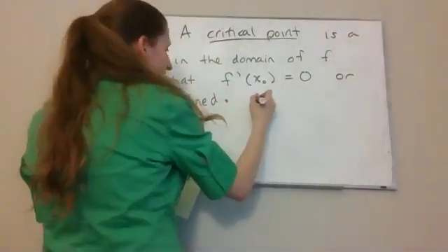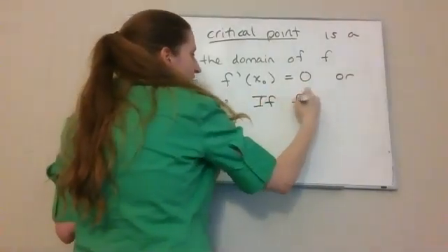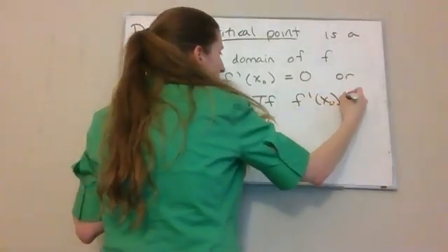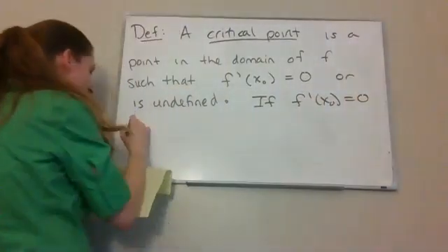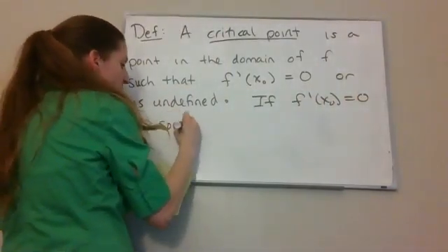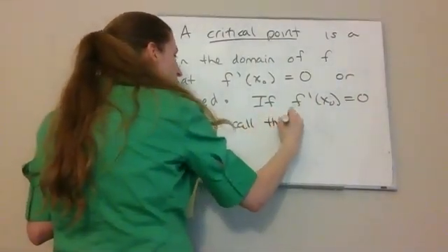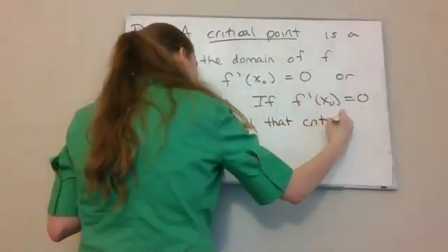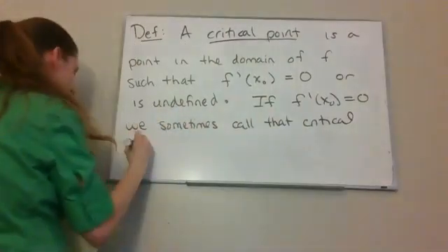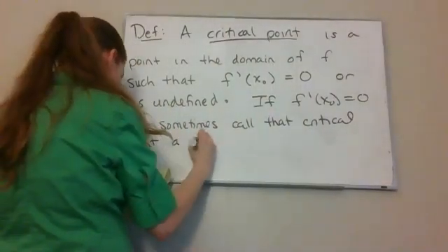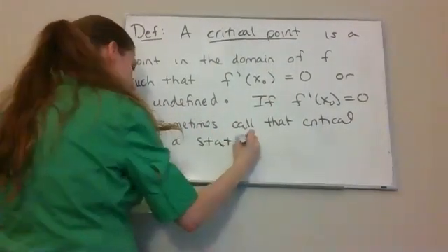And we do say if f prime at that point is 0, we sometimes call that critical point a stationary point.